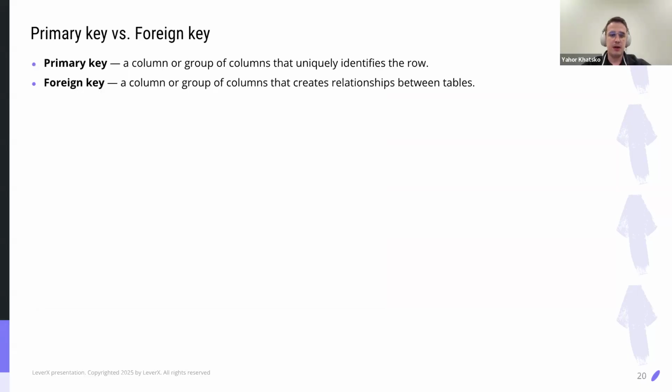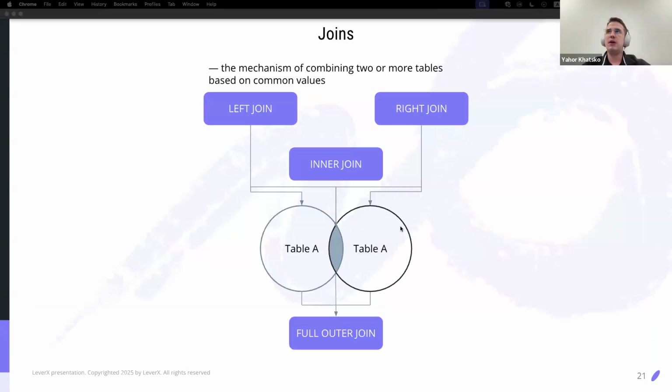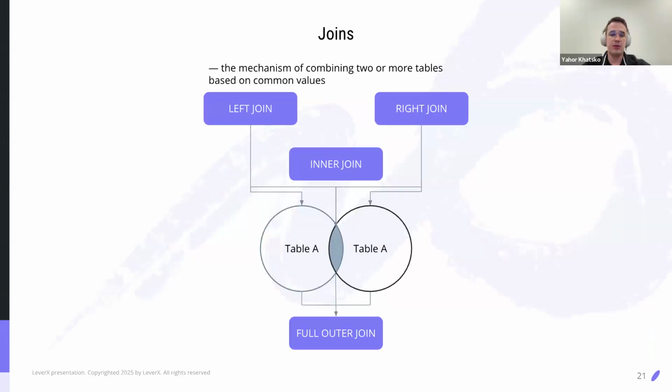So let's then move to the join. As I mentioned, the database is not only about one table, it's about the combination of different tables. There are commands with which you can combine the data from specific tables.